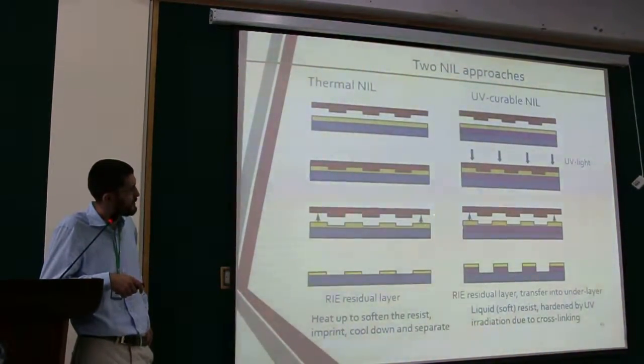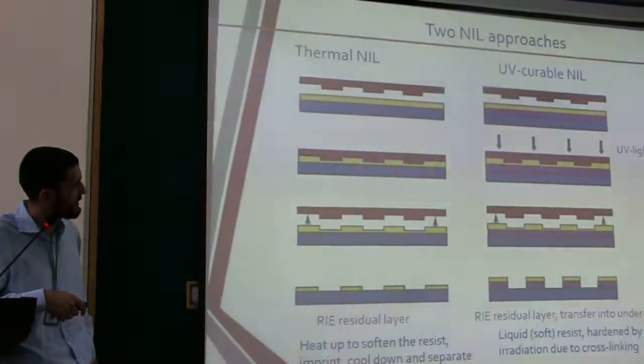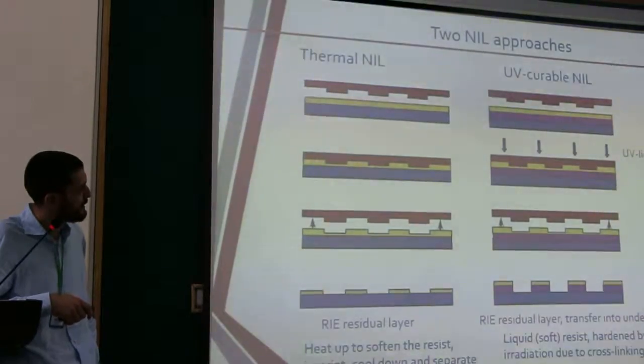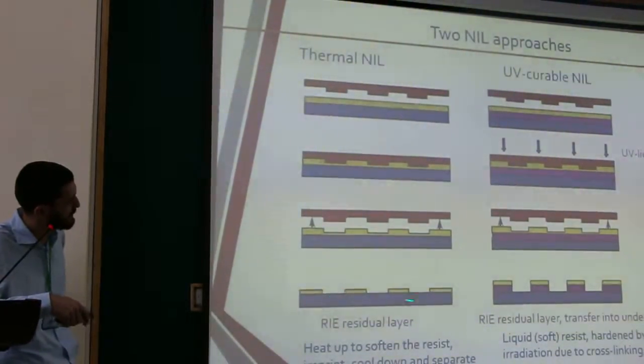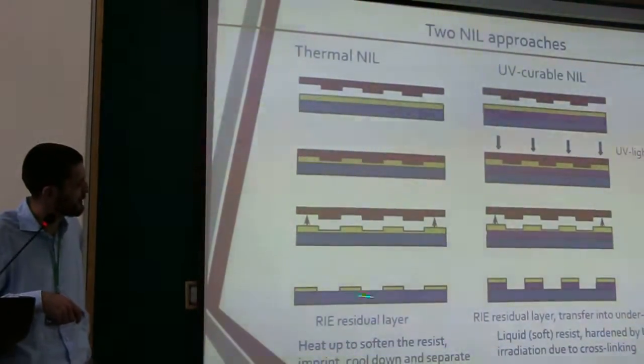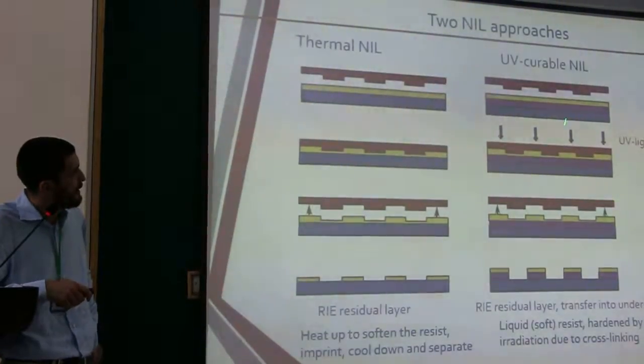Then you just cool everything, the mold and the sample, and you release the mold by removing the pressure. And then you can post-process the sample by transferring the pattern on the substrate.